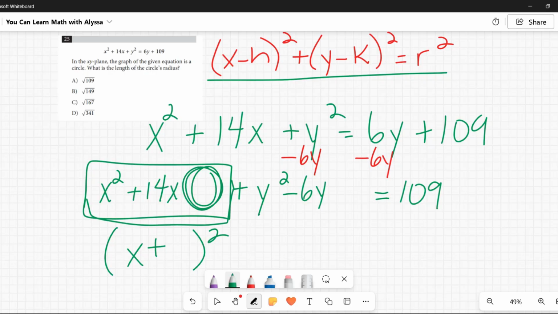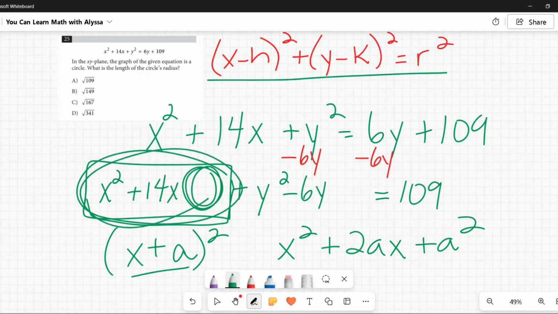Now, if you remember this from factoring, if it was x plus a, I'm just going to use a to be a constant, x plus a squared, and you square this out, it's going to be equal to x squared plus 2 times a times x plus a squared. That's the pattern. So we have to create something here that has an a squared that it will go back into this formula.